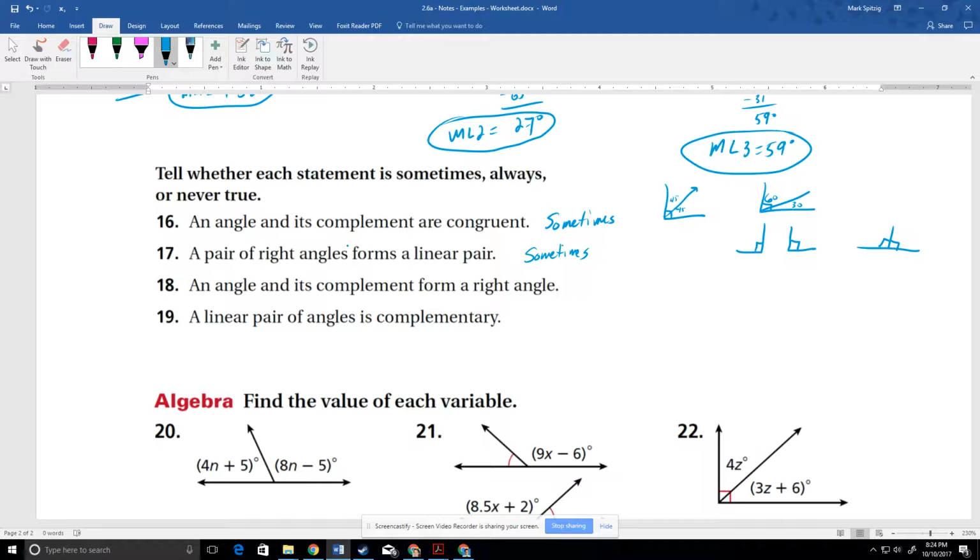Okay, so back to 18. An angle and its complement form a right angle. That would be sometimes.